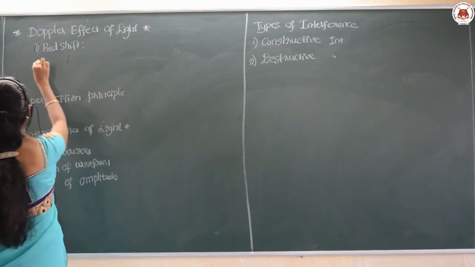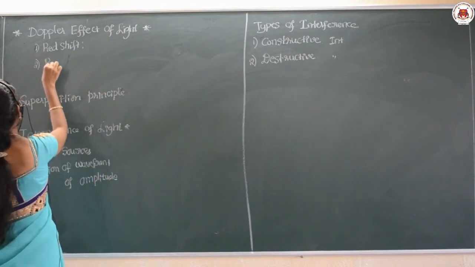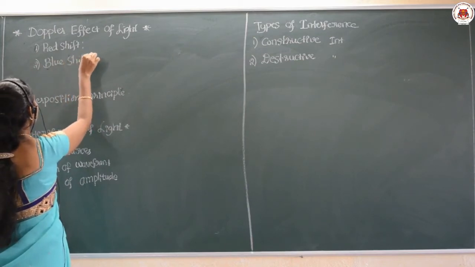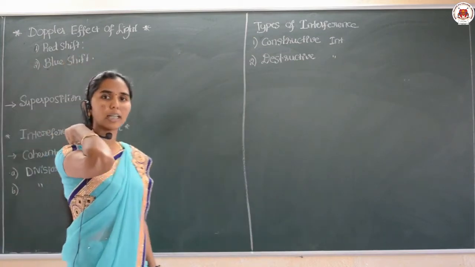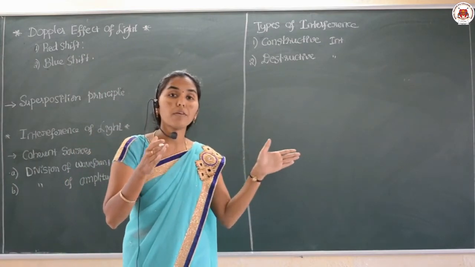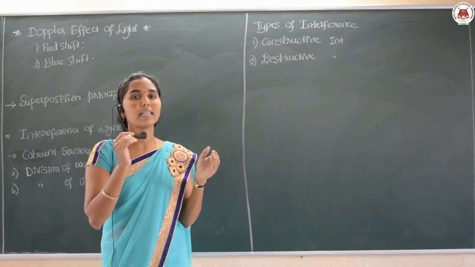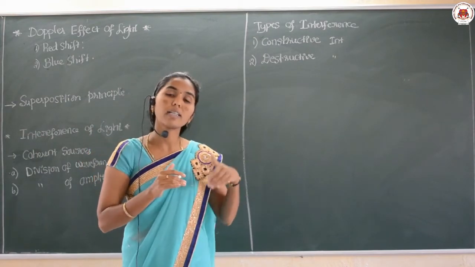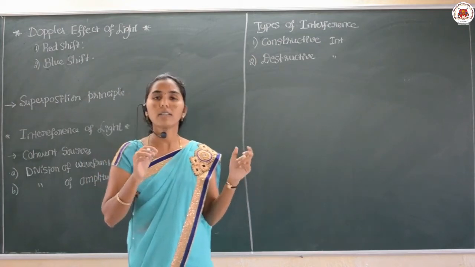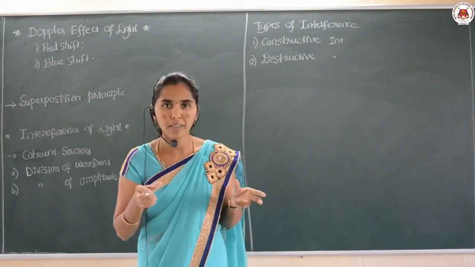Then the second one is the blue shift. Blue color has a shorter wavelength. If the wavelength is shorter, the distance is shorter, and if the distance is shorter, the frequency is higher.